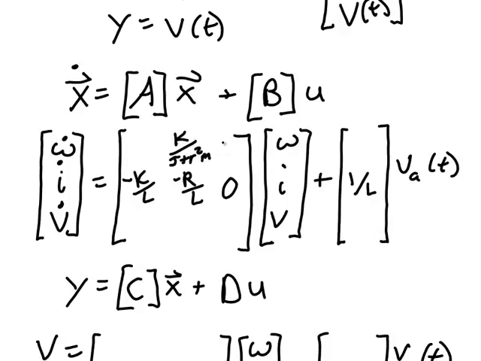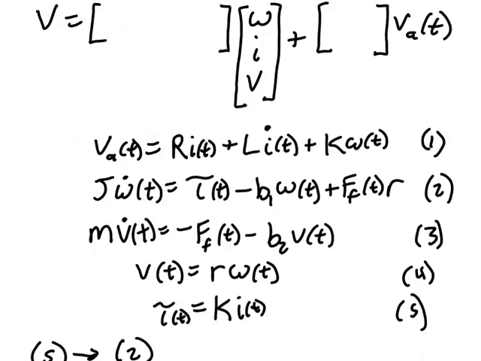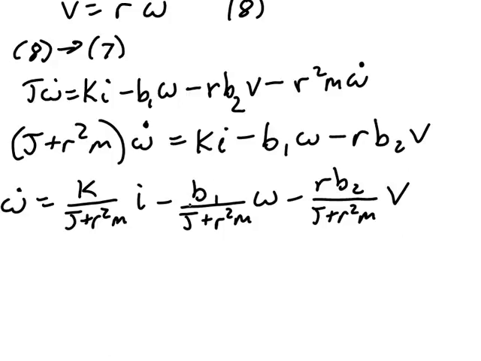Let's now go pull out the coefficient in front of omega. The coefficient in front of omega is going to be negative b1 over j plus r squared m.